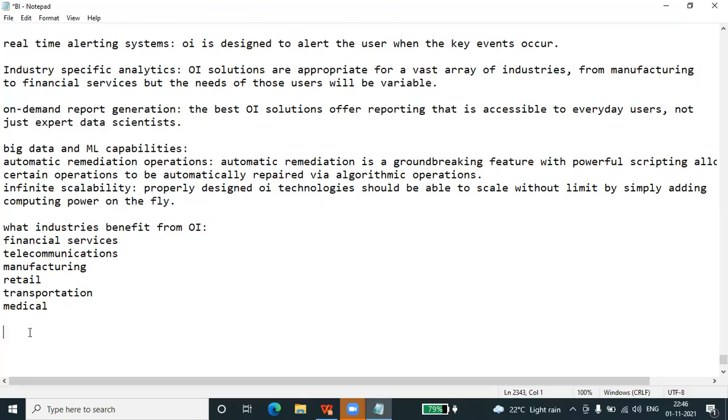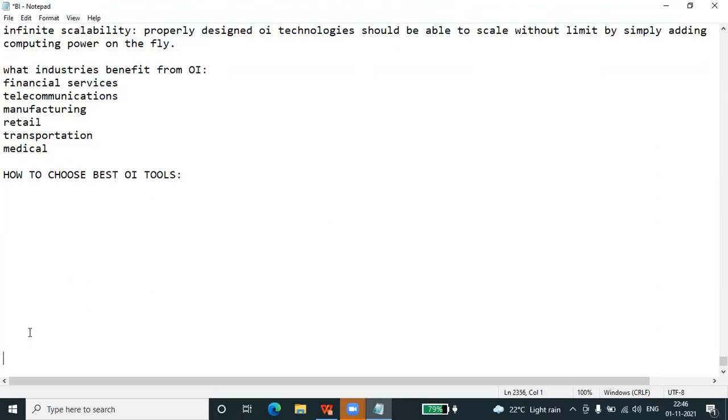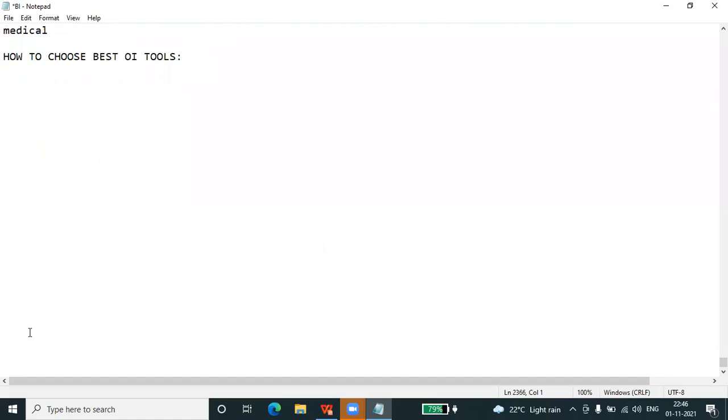So how do you choose the best operational intelligence tools? There are some considerations.